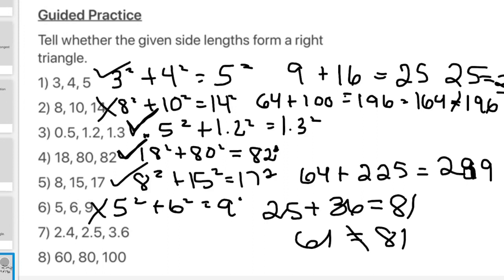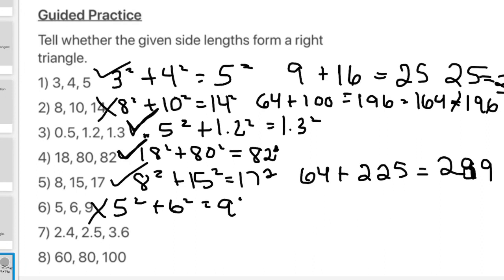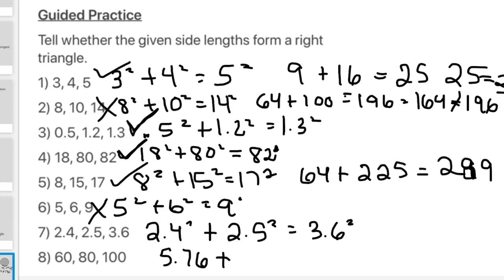Number 7, we have decimals again. So pause the video and try number 7. So number 7, we have 2.4 squared plus 2.5 squared equals 3.6 squared. So 2.4 times 2.4 is 5.76. 2.5 times 2.5 is 6.25. 3.6 times 3.6 is 12.96.